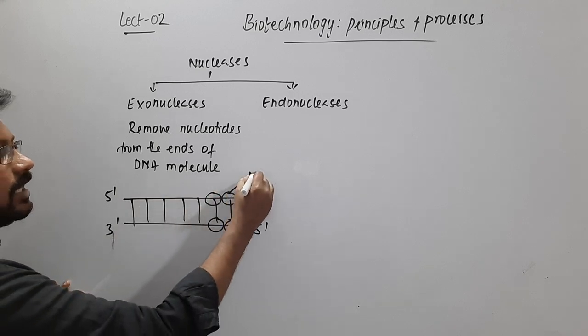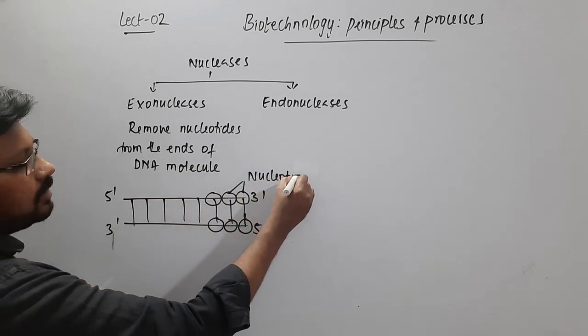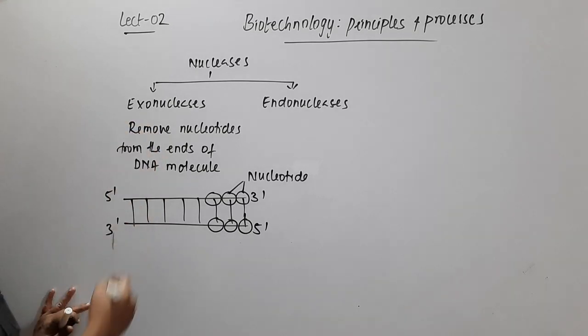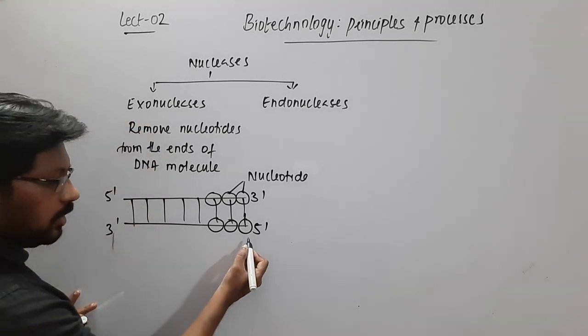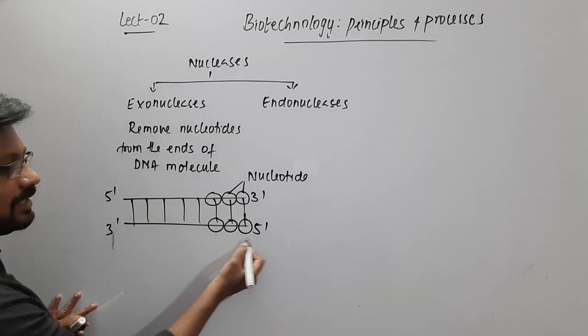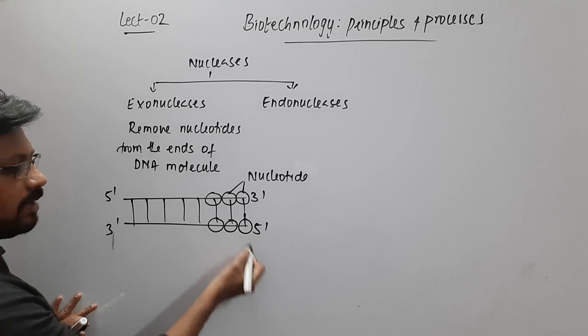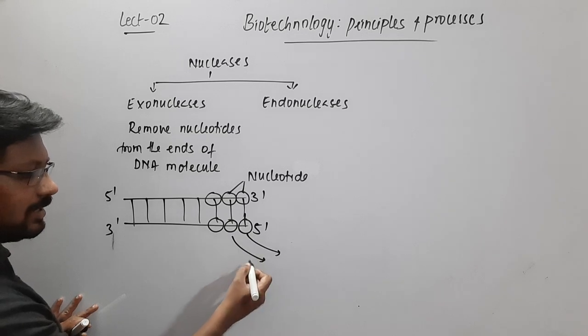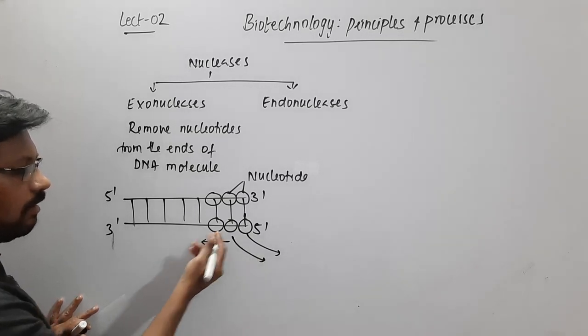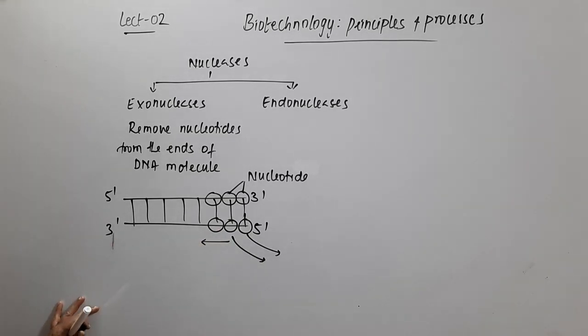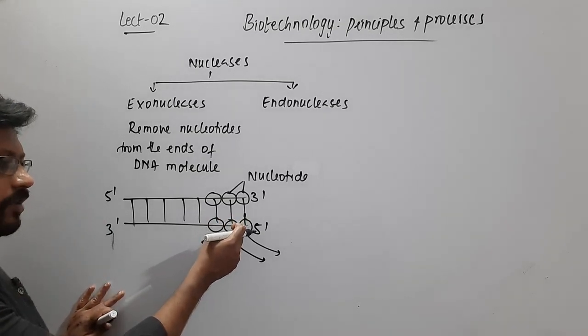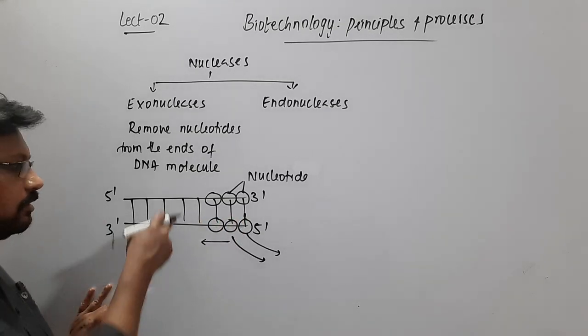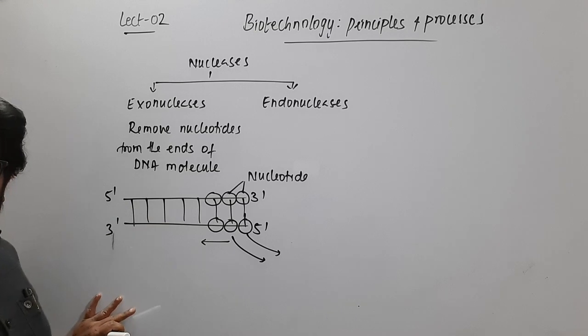Now the exonucleases are going to remove these nucleotides one by one. First it removes this, then later it removes the next, and it goes on in a direction, from the end of the DNA molecule, not within the DNA molecule.